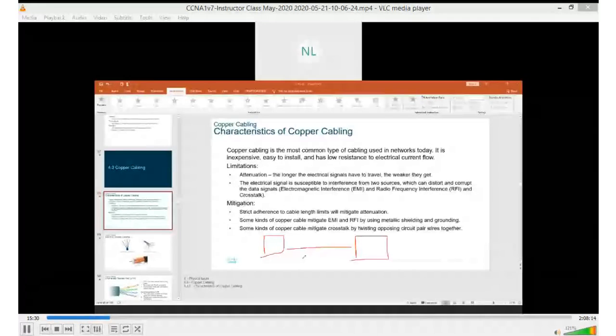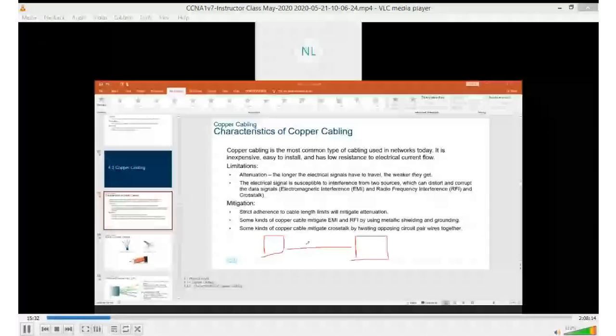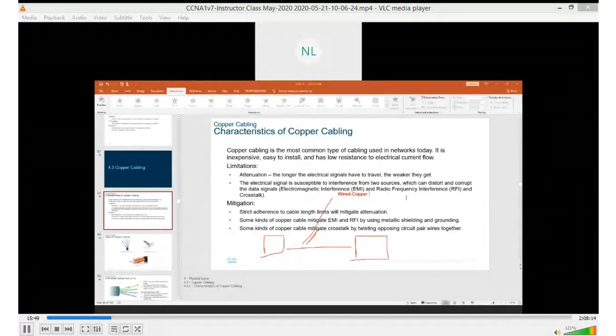Now this media can be wired, which is a cable, and if it's a cable, it can be copper or fiber.